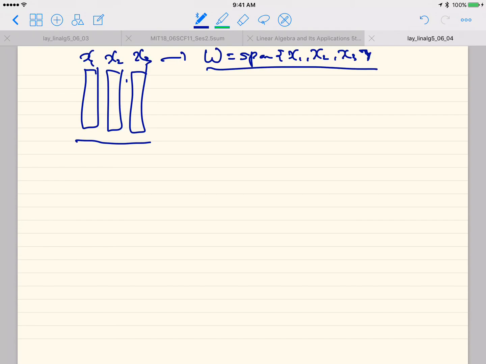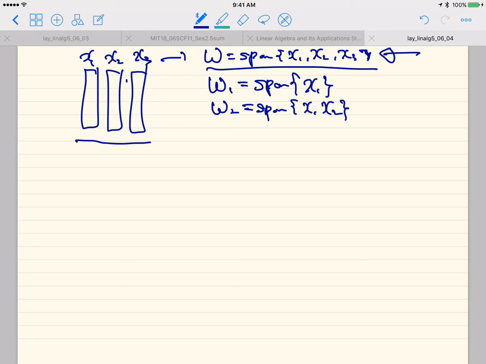The final destination is the largest subspace that we consider. The smaller subspaces could be: W1 spanned by only x1, W2 spanned by x1 and x2, and W3 is our final destination.